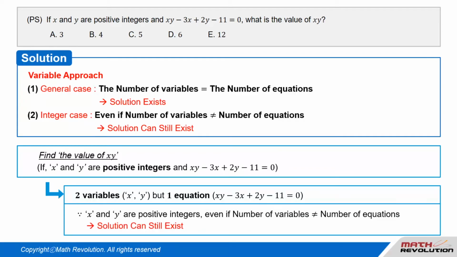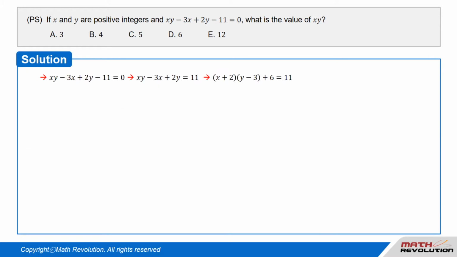Since x and y are integers, even when the number of variables and equations are different, we can still have a solution, which we can rearrange to get xy - 3x + 2y = 11. And from there, we get (x + 2)(y - 3) + 6 = 11.